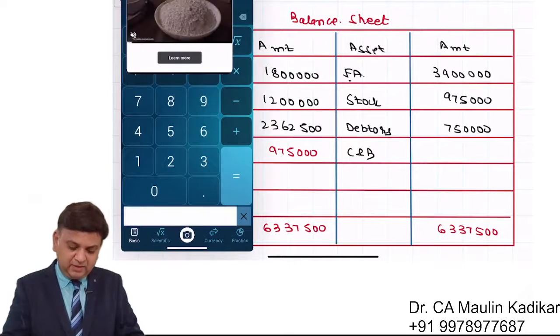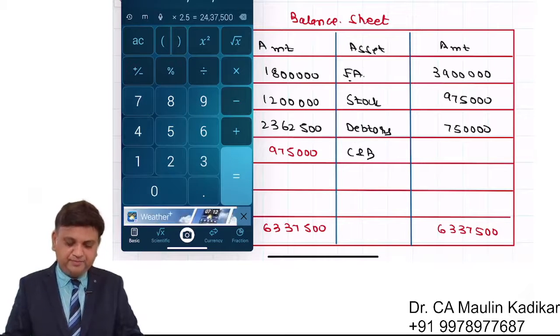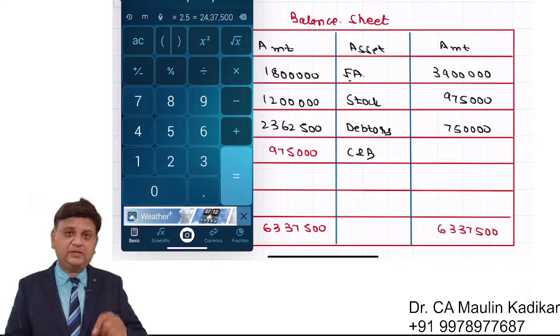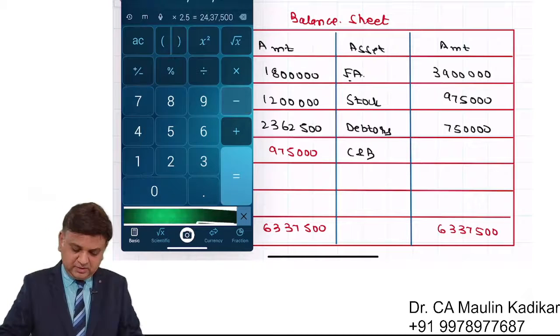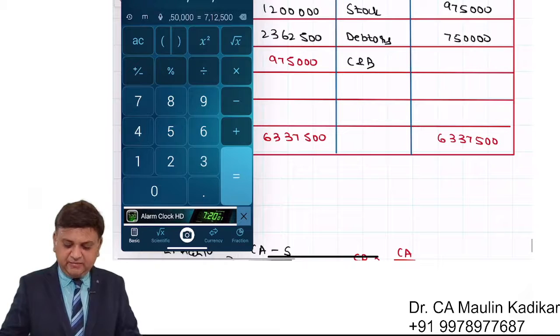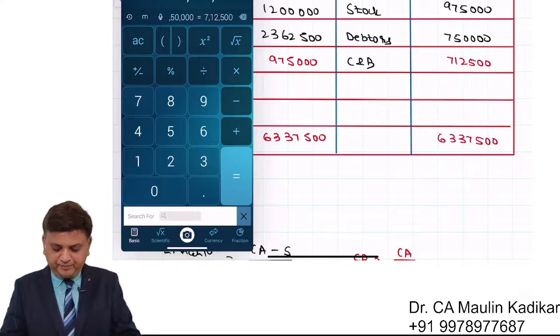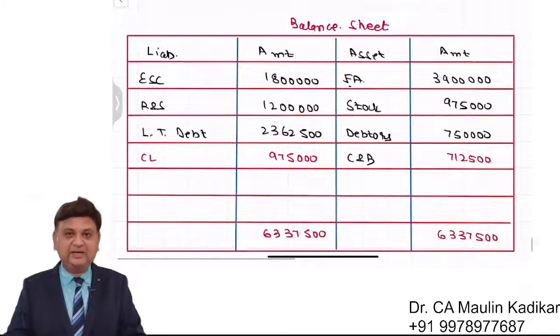So what will happen? Current liability 9,75,000 into 2.5 is 24,37,500, minus 9,75,000 minus 7,50,000. So the amount of the cash in bank would be 7,12,500. This is the way cash in bank can be calculated.